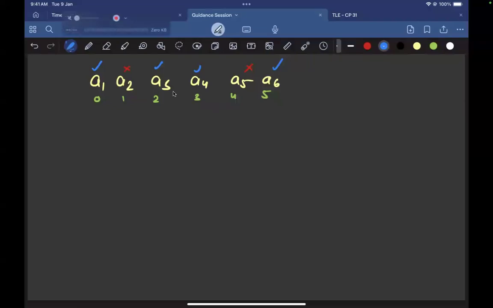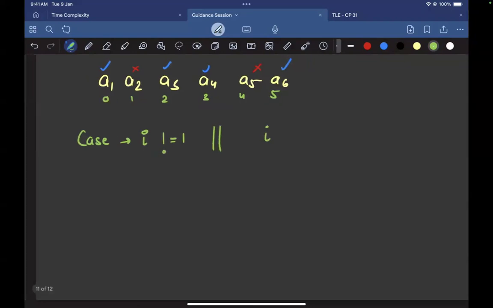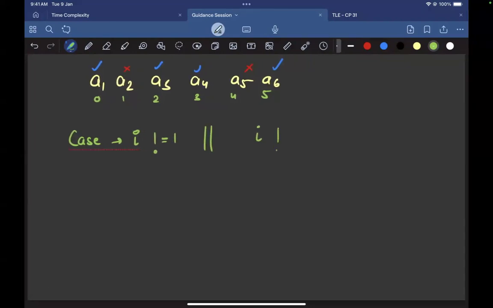Okay. Now, tell me, I can now write a case over here simply that I know that if I pick up some element, some index I, and that index I is not equal to 1, or I is not equal to n minus 2.